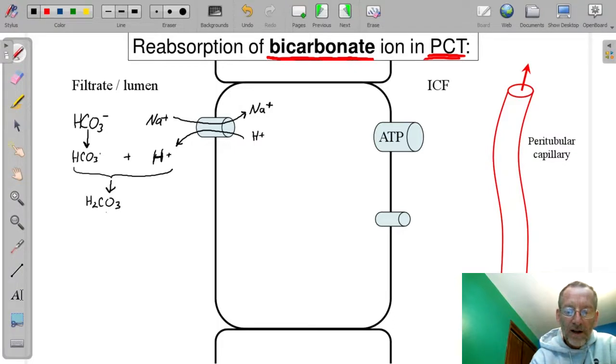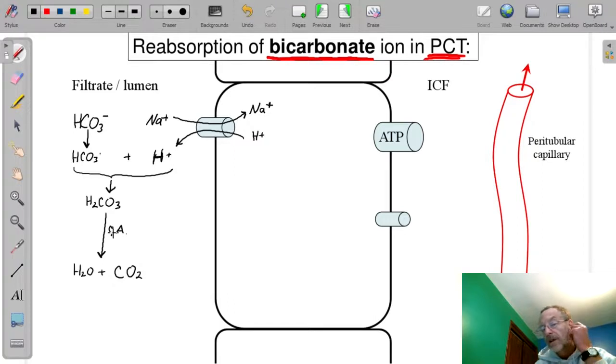And then there is an enzyme present on the apical surface of these epithelial cells that is going to break carbonic acid down into water and CO2. We've seen this many times. And that enzyme, of course, is carbonic anhydrase, that I'll abbreviate.